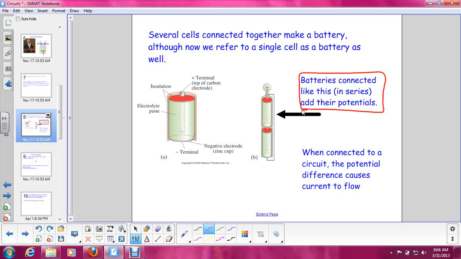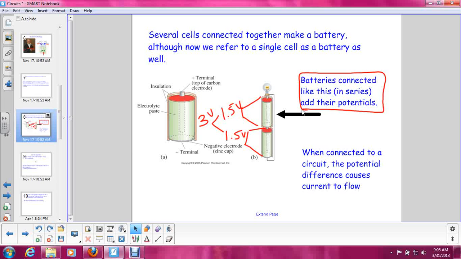So one of these, let's say it's a AA battery, has a potential difference of 1.5 volts. If we were to use them by themselves, we would only get 1.5 volts. But because we can stack them on top of each other in series like this, the total potential that we can get from these batteries is 3 volts. They add together.